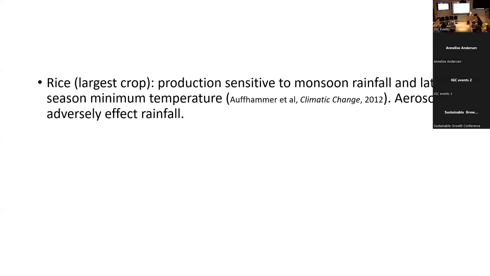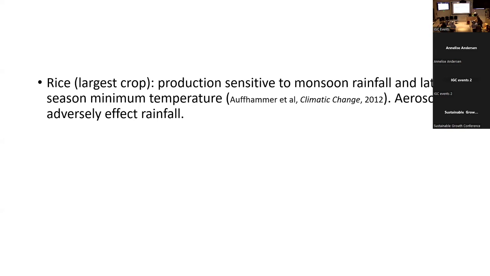In this paper, they find that production is sensitive to monsoon rainfall, as you would expect. If monsoon rainfall is lower, you get lower production. It's also sensitive to minimum temperature late in the growing season. If it's warmer later in the growing season, you get a decline in production.